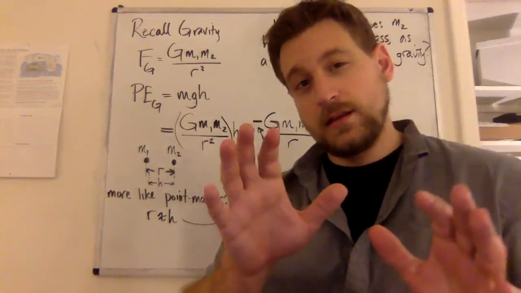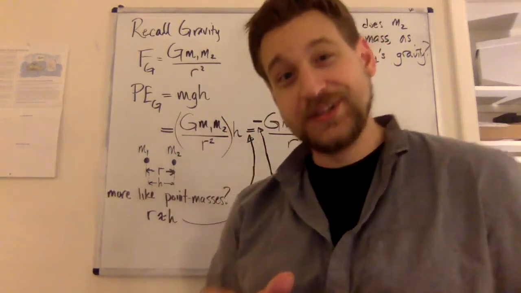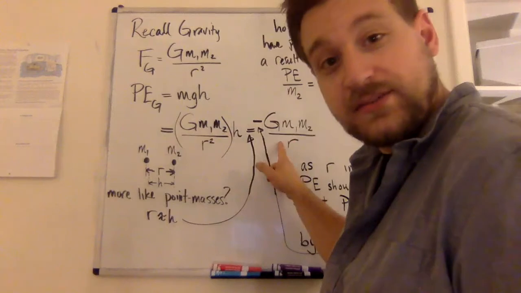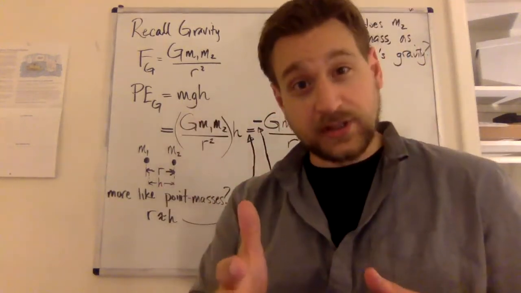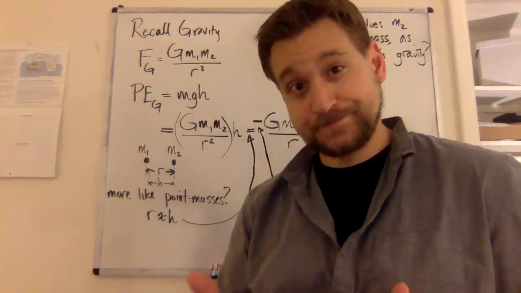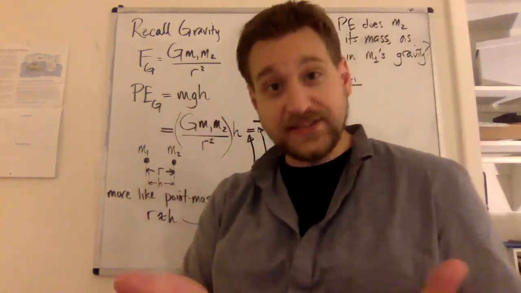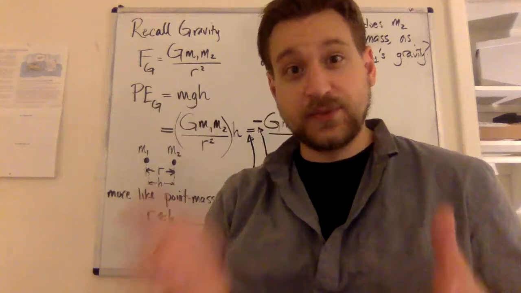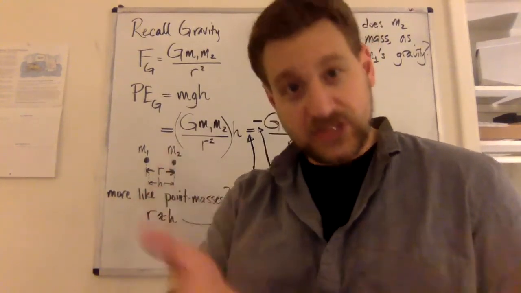Now, with a little bit more calculus than I want to go into, we can demonstrate this result. But I've got a conceptual argument to justify it. mg, that's the weight of an object with mass m, subject to an acceleration due to gravity, g.